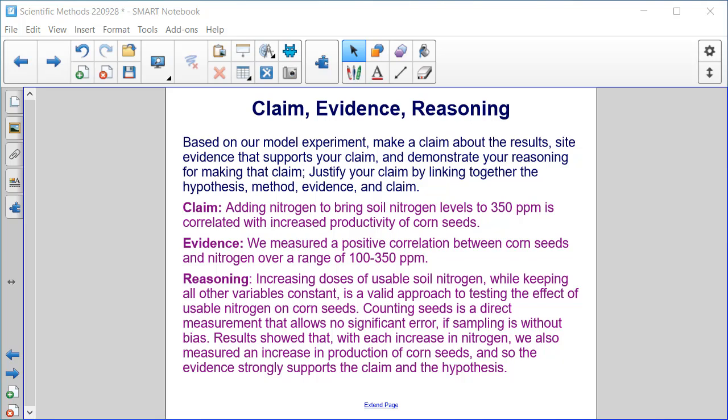Increasing doses of usable soil nitrogen while keeping all other variables constant is a valid approach to testing the effect of usable nitrogen on corn seeds. Counting seeds is a direct measurement that allows no significant error if sampling is without bias. Results showed that with each increase in nitrogen, we also measured an increase in production of corn seeds, and so the evidence strongly supports the claim and the hypothesis.